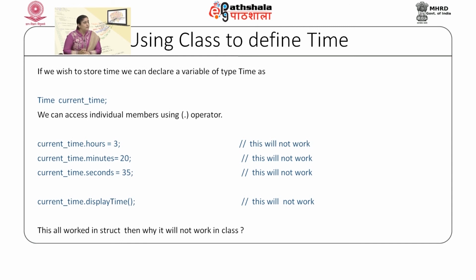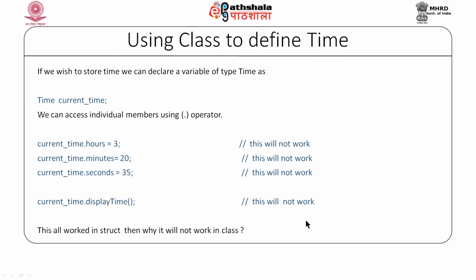Here also, to access the data members, we can make use of the dot operator. So, dot operators can be used like this and this, but for the class that we have defined right now, none of these statements written to access the members of the class will work. You would recall that these statements worked fine in case of structure, but they will not work for the class.